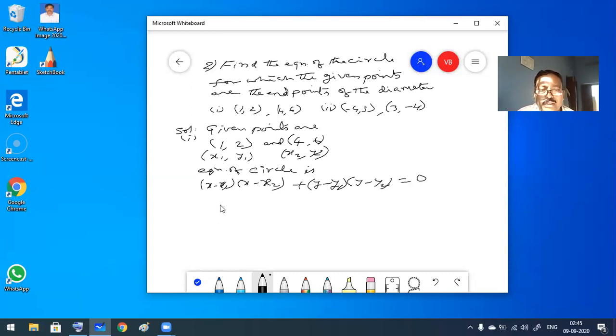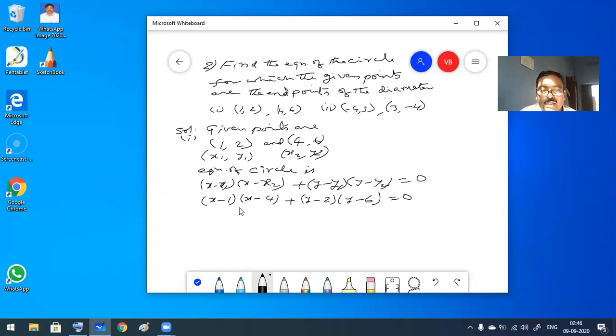So x minus x1, in the place of x1 there is 1, into x minus x2, x2 is 4, plus y minus y1, in the place of y1 there is 2, into y minus y2, y2 is 6, is equal to 0. So x minus 1 into x minus 4 plus y minus 2 into y minus 6 is equal to 0.